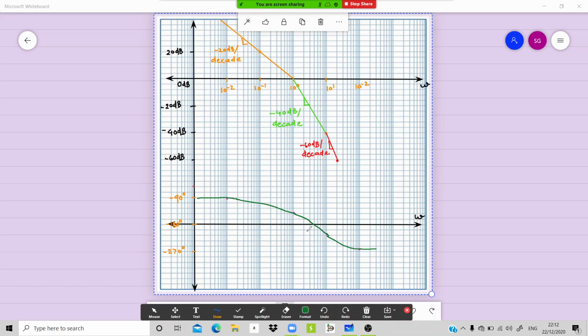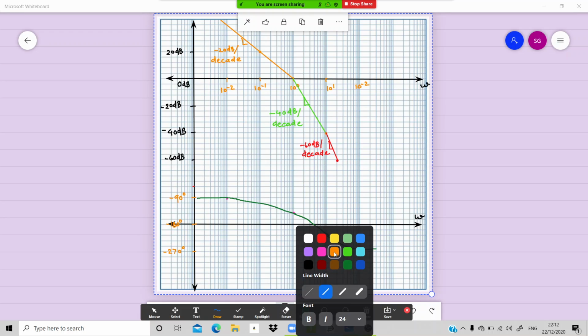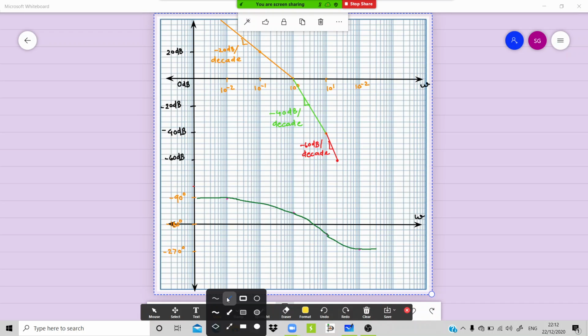Now you'll get where it should be. Okay, let it be. Let me see now if I draw those lines of PM and GM, what it is going to give. Yeah, and this point it is cutting.